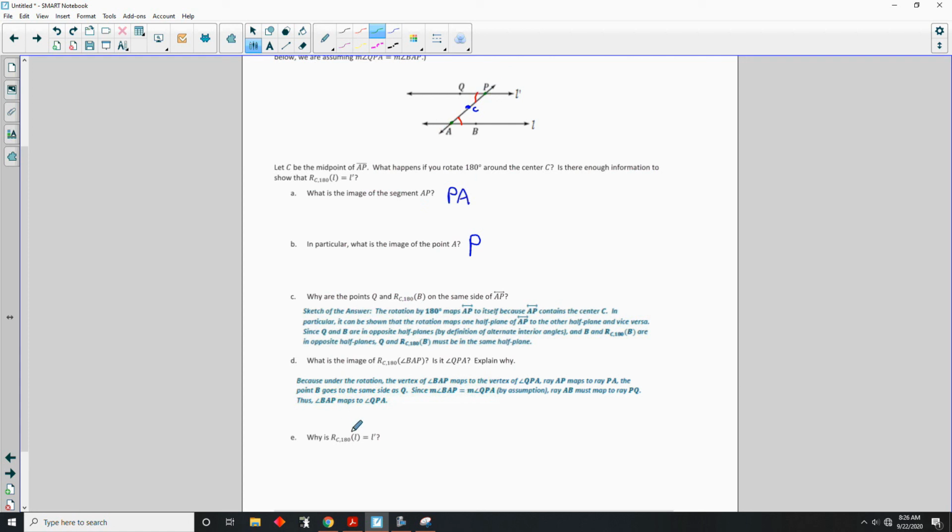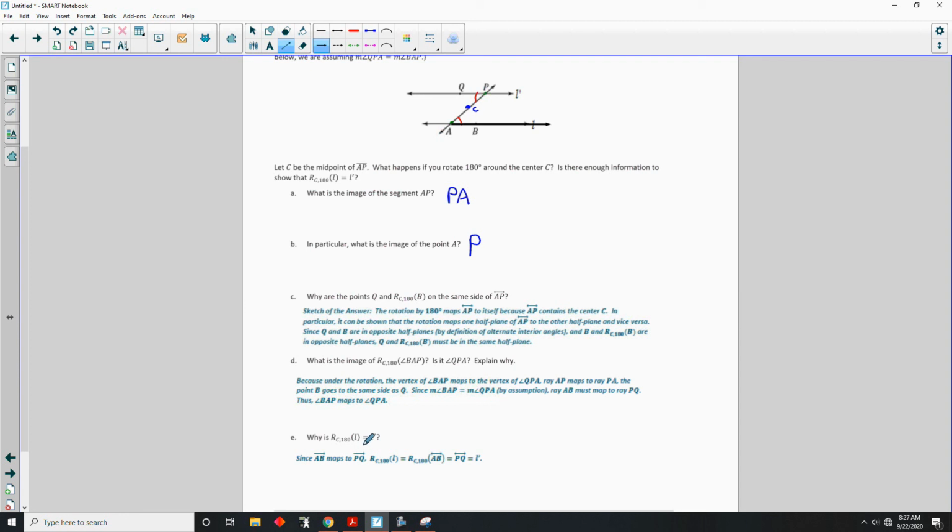Part E says, why is a rotation centered at C, 180 degrees, of line L equal to line L prime? So why is that the case? Well, since ray AB, so let me just draw this. Here's ray AB right here.